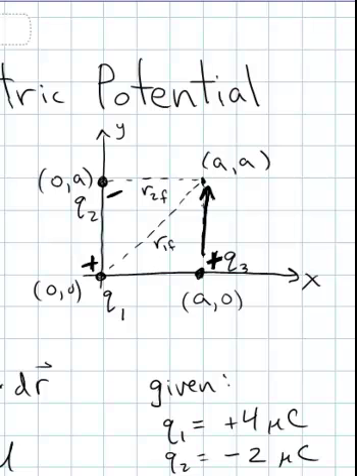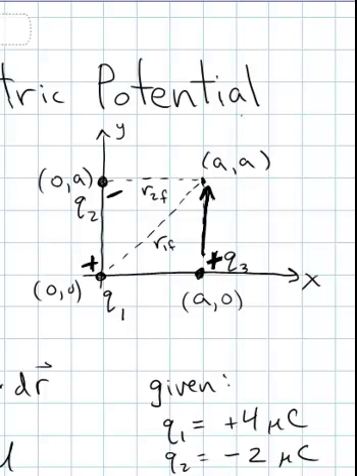And so the field is doing positive work, because the force that the field is applying to Q3 is in the same direction that Q3 is moving. Q3 is going faster and faster as it moves from the starting point to the ending point, and it's losing potential energy. So the field would be doing positive work.